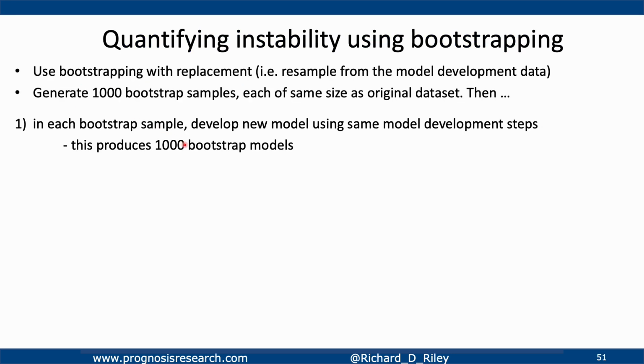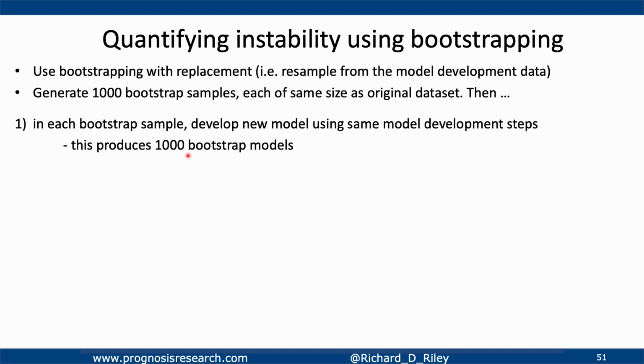So the idea of bootstrapping is that we sample a data set of the same size as our original data set using the original data set itself. So with replacement, we sample, for example, if you've got a data set of size 100, we would sample with replacement a data set of size 100, and that becomes a bootstrap sample.